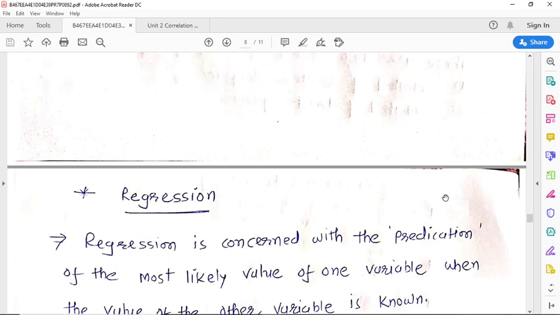Clear? As we know, Karl Pearson's correlation coefficient gives the intensity of linear relationship. Clear? We have the formula of Karl Pearson's, which gives the intensity of linear relationship between the 2 variables, as we discussed in the first lecture. And the Spearman rank correlation means this formula.